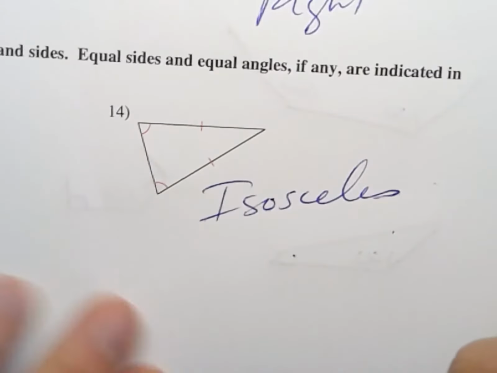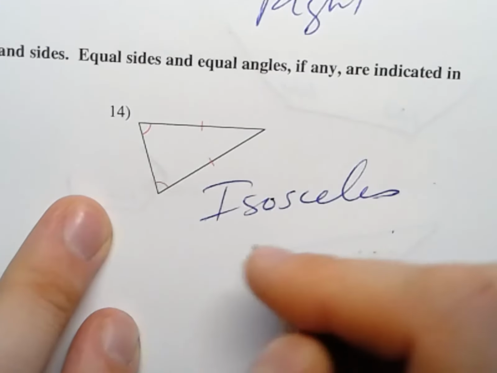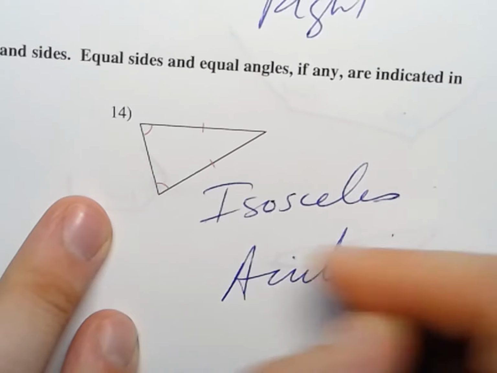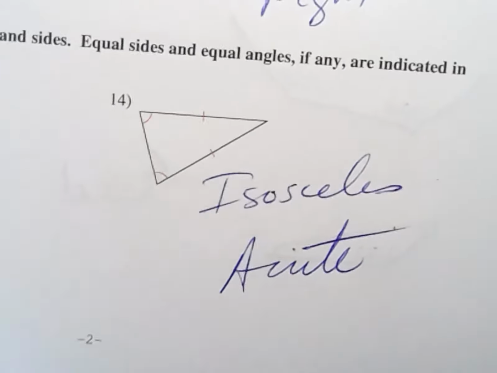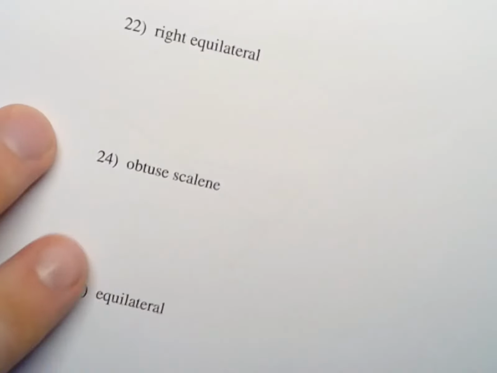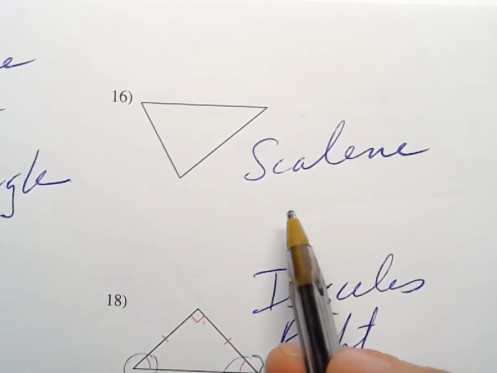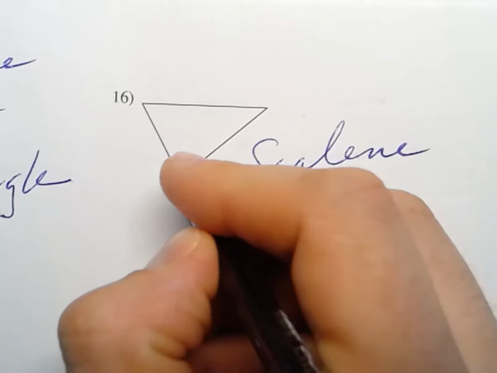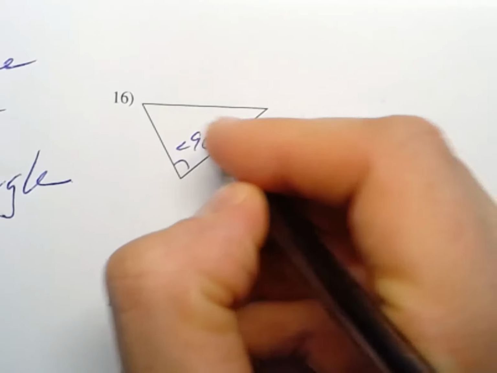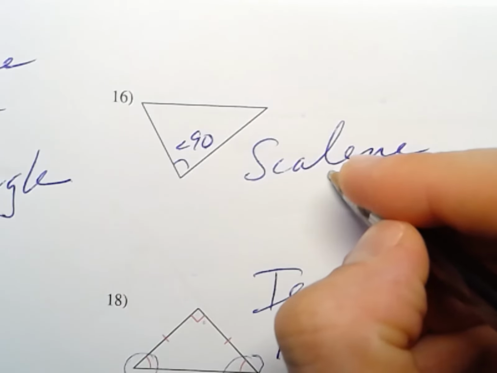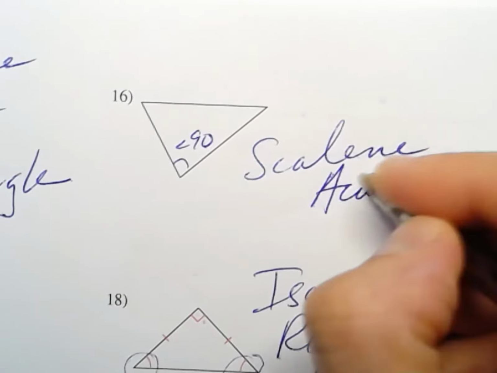These are all less than 90, so this is a scalene acute. Scalene right. If we measure this, it looks a little bit less than 90, maybe 89 or 85 degrees, so this is scalene acute.